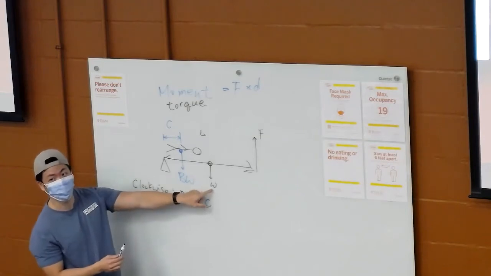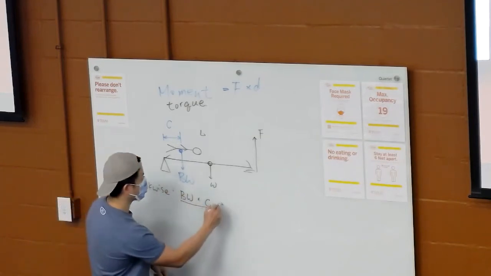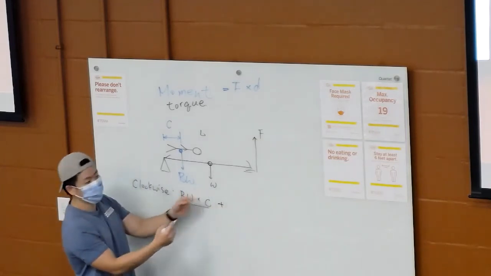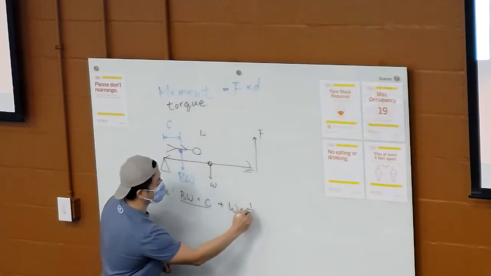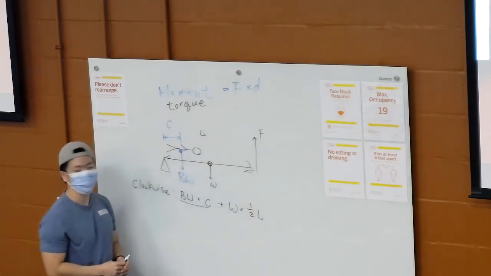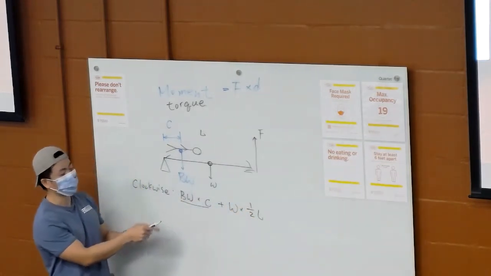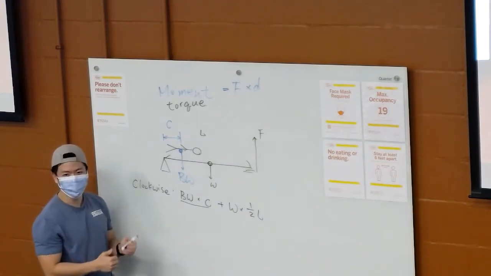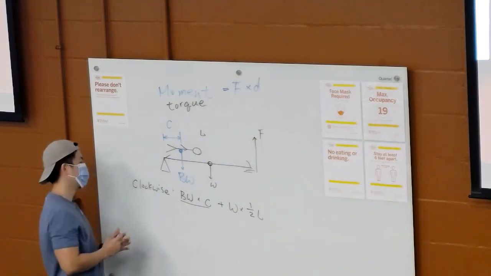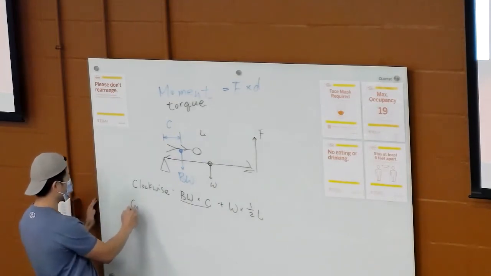This one is also clockwise torque, so we add it, plus W times distance, which is 1/2 L. So that's all the clockwise torque we have in this system. Cool? Makes sense. Okay. What about counterclockwise torque?